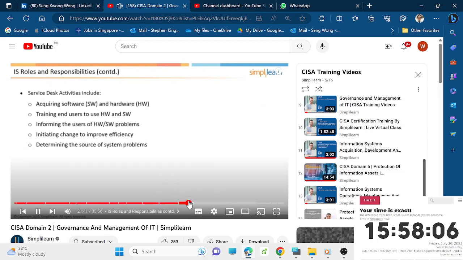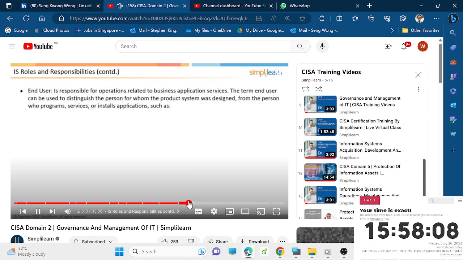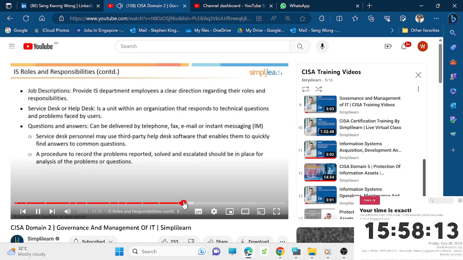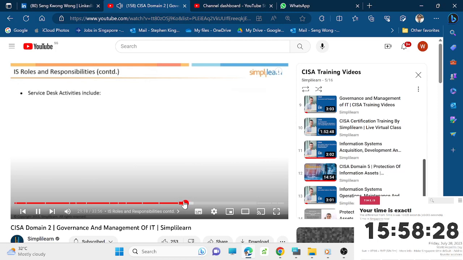An end user is typically responsible for problems reported, solved, and escalated should be in place for analysis of the problems or questions. Such a procedure will help in monitoring the user groups and improving the Software Information Processing Facility, IPF, services.